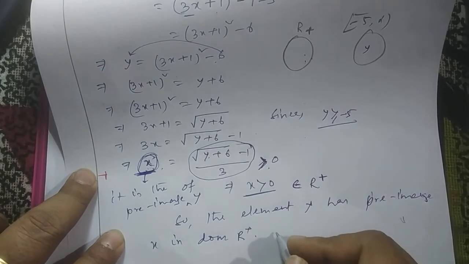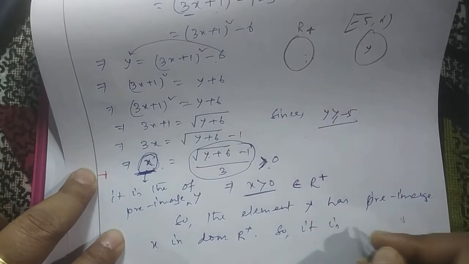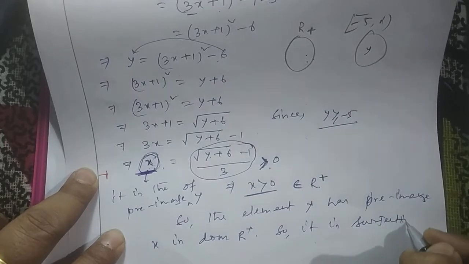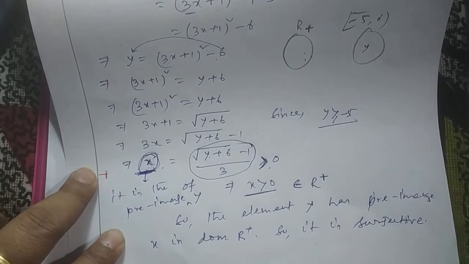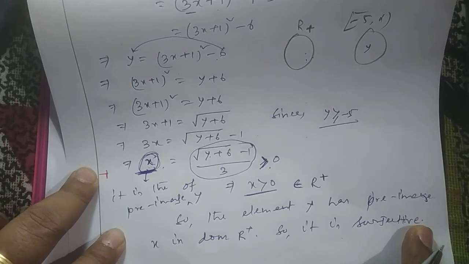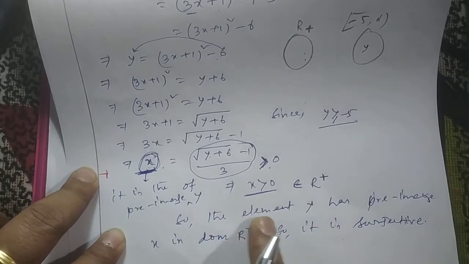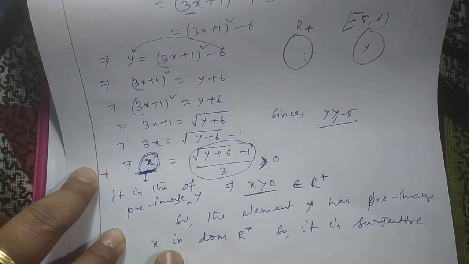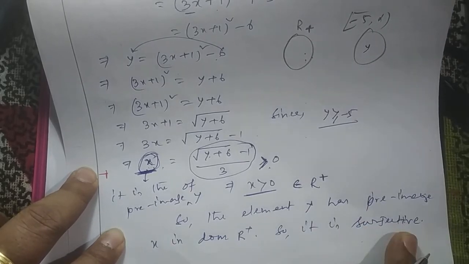So it is surjective simply by the definition of surjective, or you can say by method 1 of surjectivity. You have shown that the element y has a preimage in the domain R plus. That's why it is surjective.